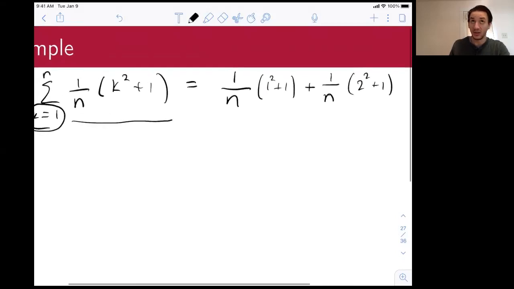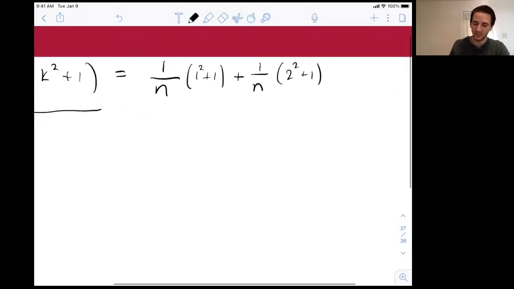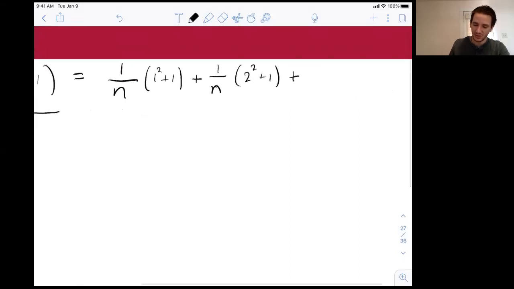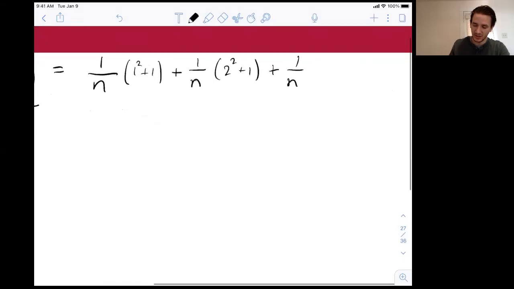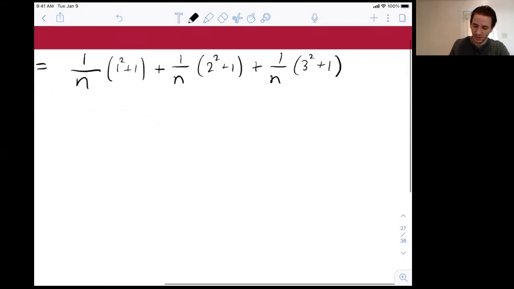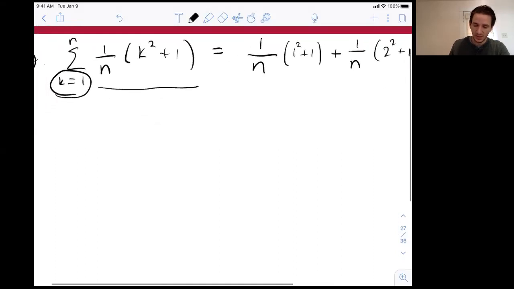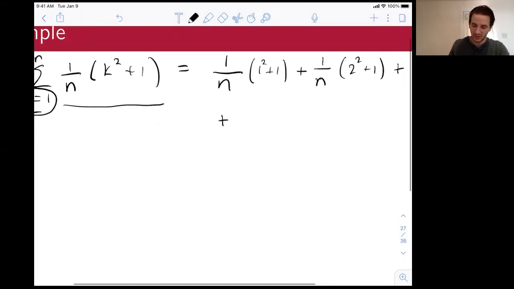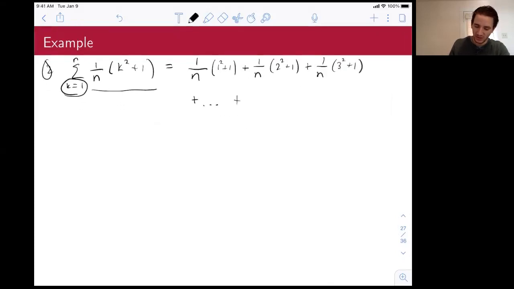Then I increase k to 3, plus 1 over n stays there times 3 squared plus 1. Okay. And then I do this plus dot, dot, dot, all the way up to k equals n. We get 1 over n times n squared plus 1.